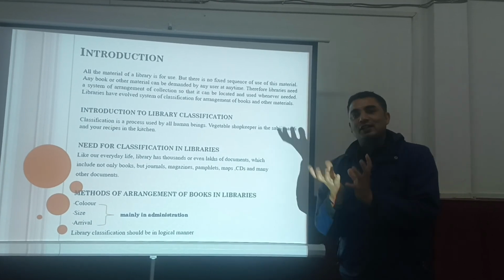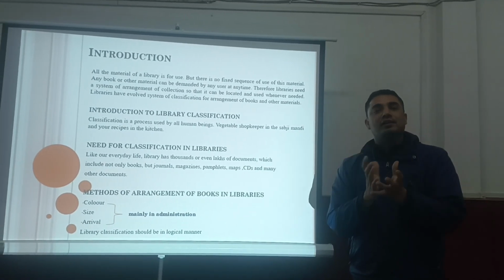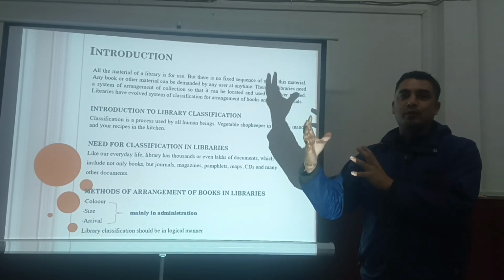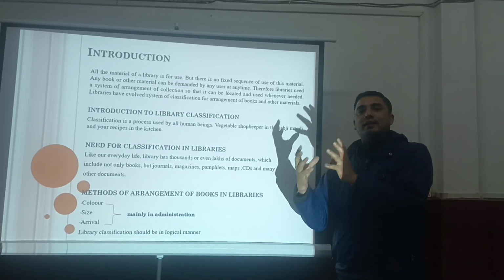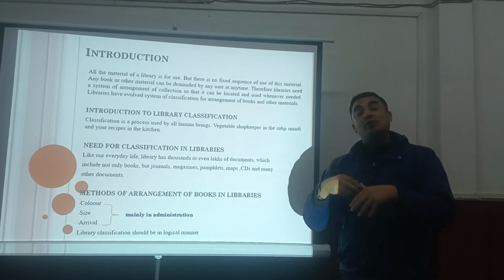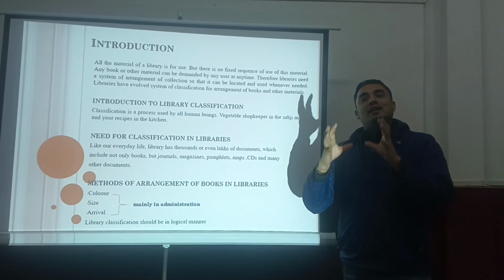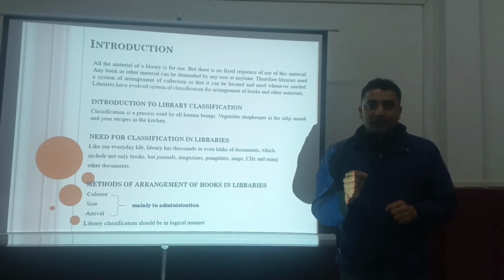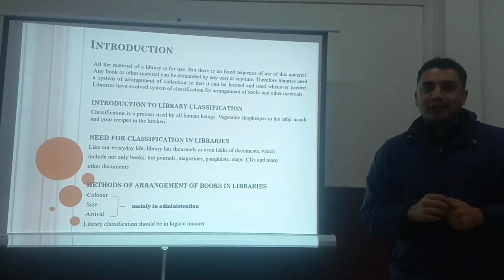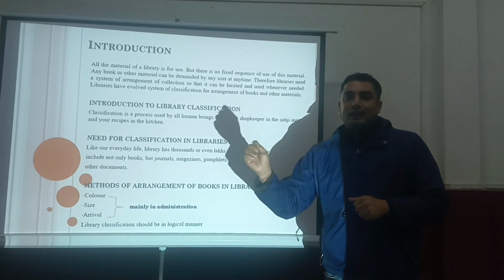So they need to be arranged. Unless we organize or arrange them properly, we will not find the needed information in time, and we have to provide this information also. So what we need is a system called classification, and when it is applied to the library, it is called library classification.